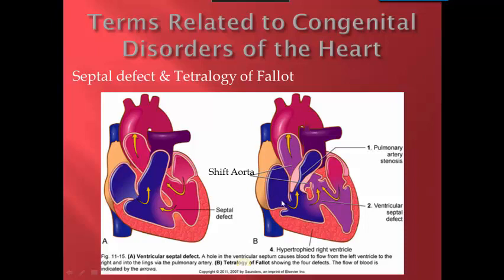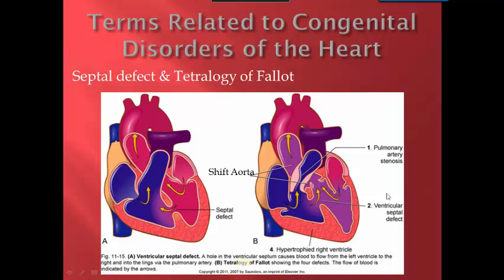So now it's very easy for this right ventricle, instead of pumping through this strictured stenotic pulmonary artery, to pump into the aorta. So we'll have lots of deoxygenated blood going out to the body, and sometimes these are referred to as blue babies. We will monitor them, and we will need to do surgical correction on this probably sooner rather than later.